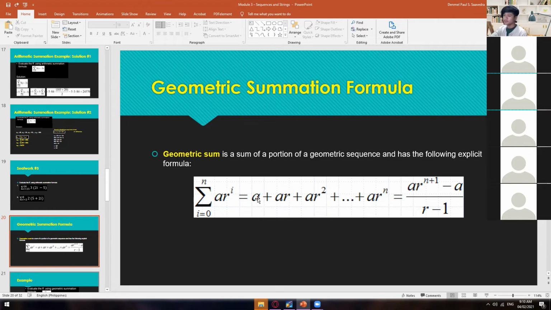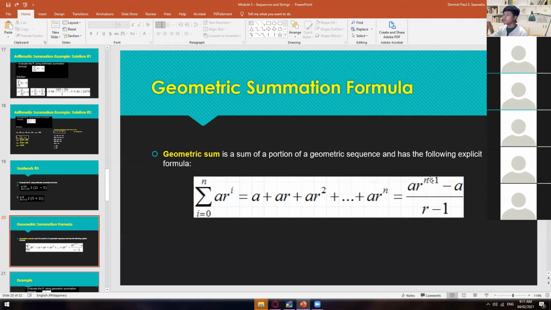From here, as you can see, we will start with 0. So just substitute this one here to get the first term. Any number that is raised to 0 is equal to 1. So a times 1 is a, which is now this one. And then, of course, the next one is 1. So r raised to 1 is r. So just add as it is: a times r plus a r raised to 2, and so on and so forth up to r raised to n.